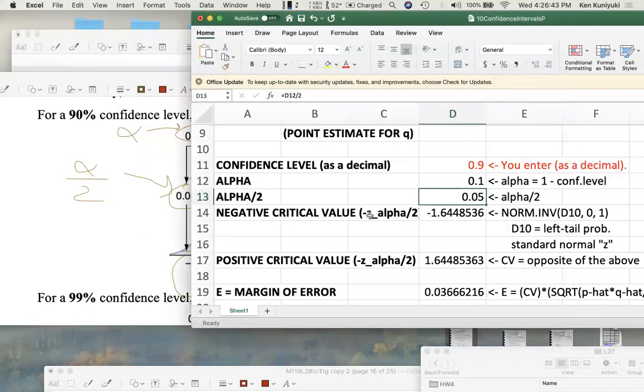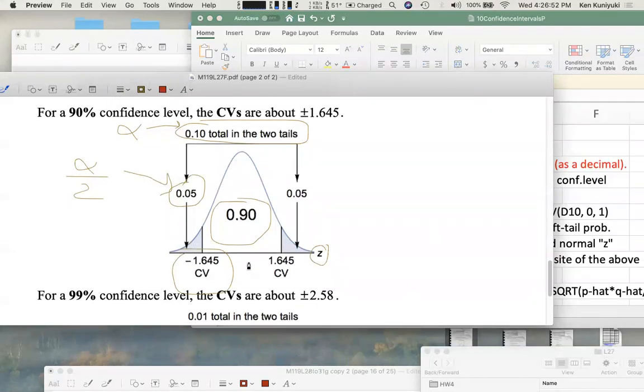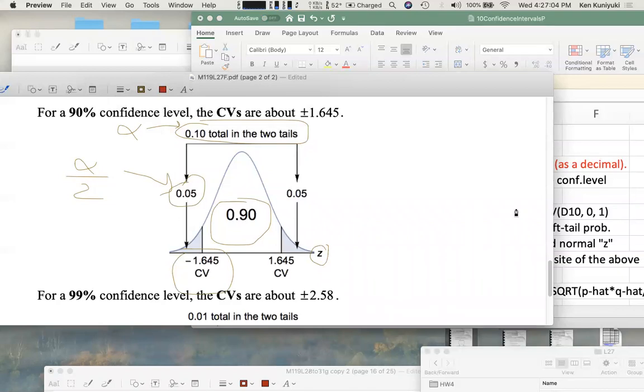And then the negative critical value, using the norm.inv command, figures out what's the 5th percentile. What's the 5th percentile of the standard normal? So this norm.inv command gives a percentile, in this case of the standard normal with mean 0 and standard dev 1. And we want 5% or 0.05 to the left.